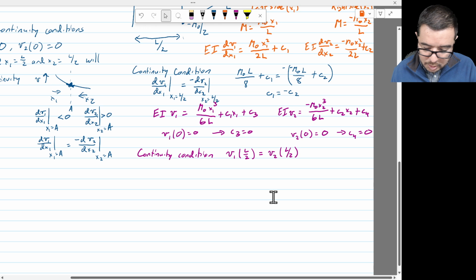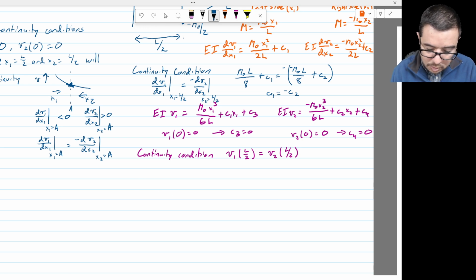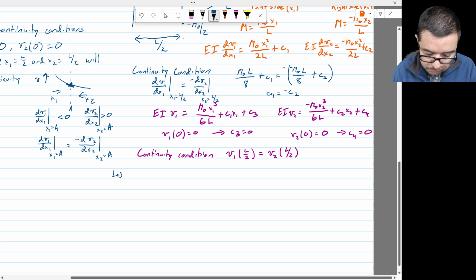So what do we see? We can plug in m naught. Let me change colors again. This is for the left side. We have m naught, and this is going to be L cubed, and 2 cubed is 8, so that's going to be 6 times 8, which is 48 in the denominator.